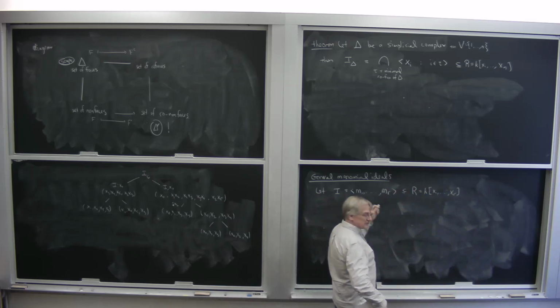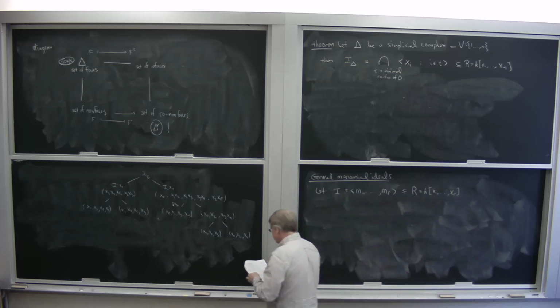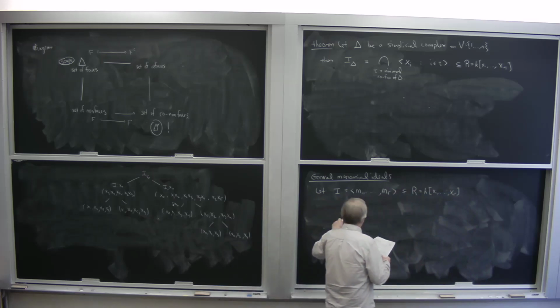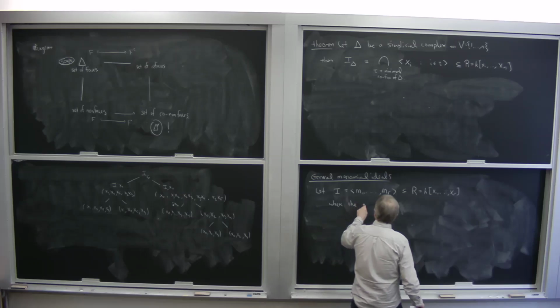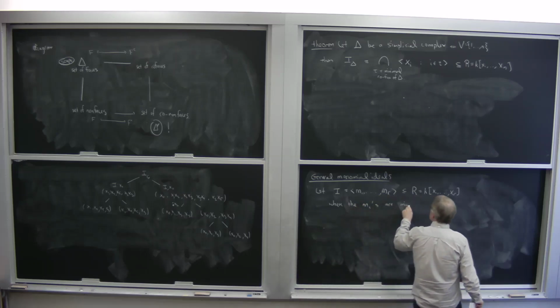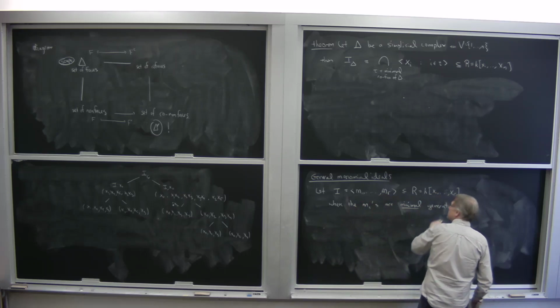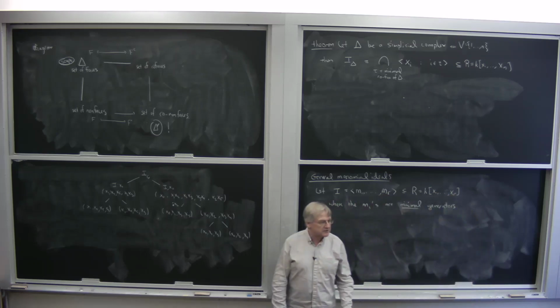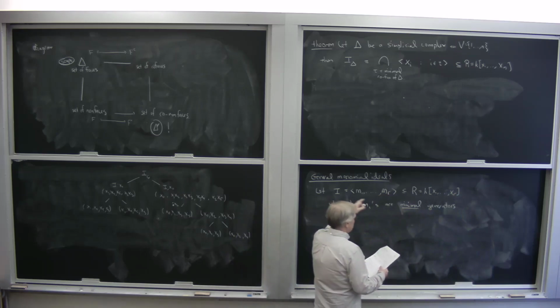But when you do free resolutions of these things, it's not independent of the field. In any case, let's just do this for the moment, where the M sub i's are minimal generators. There's always a unique set. We just take the smallest by divisibility, a set of monomials, and that's a unique set.